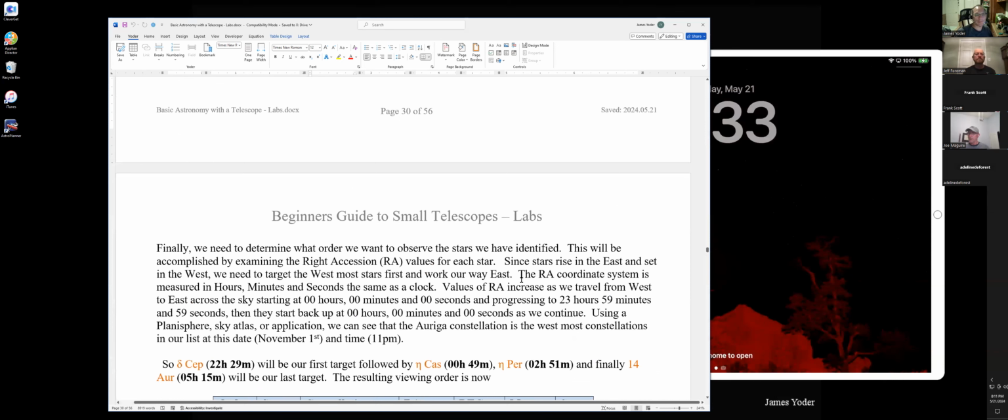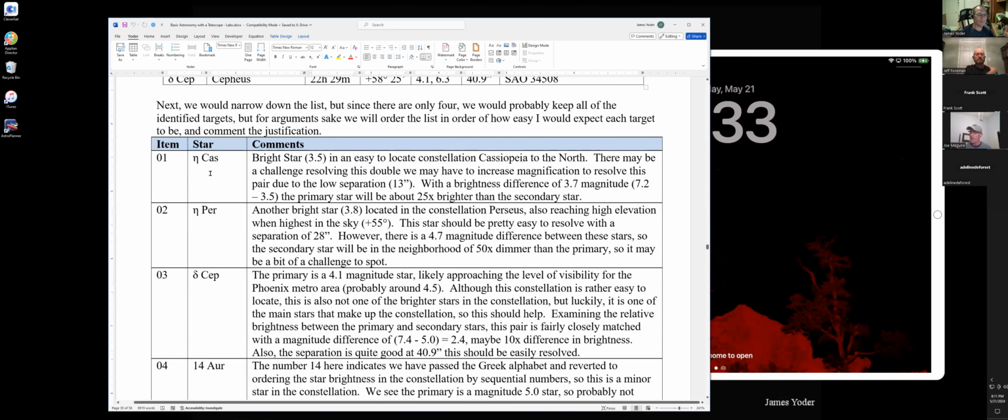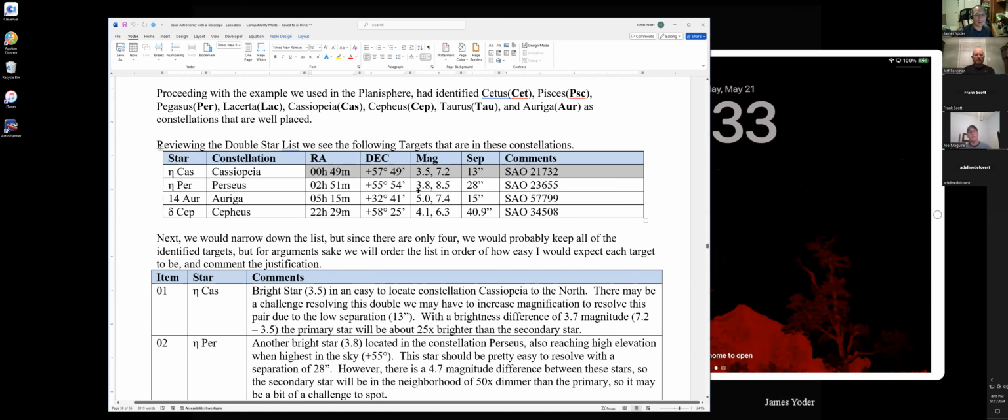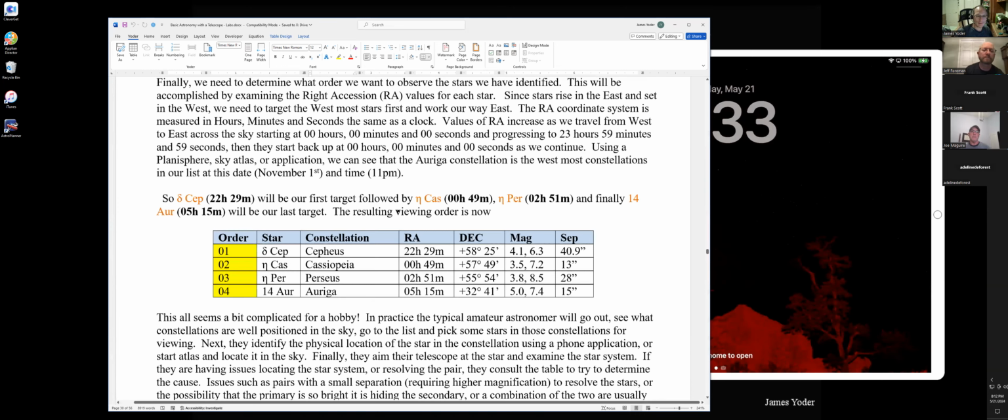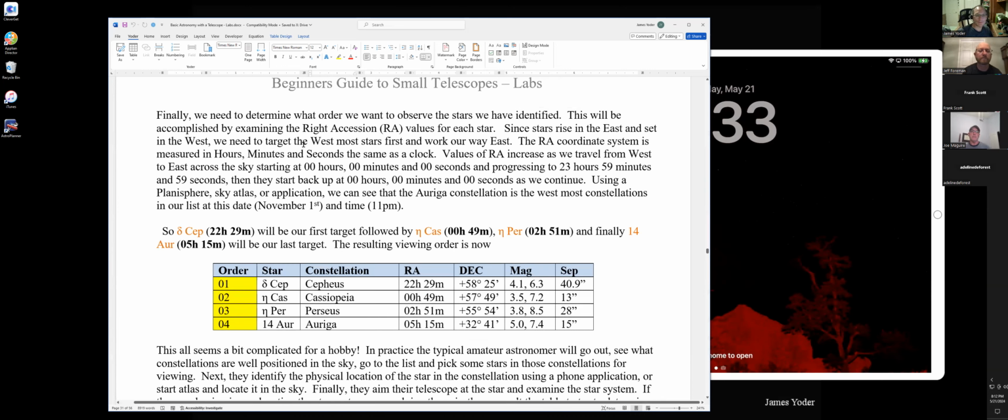Now the final process involved is ordering them. So we identified what we're interested in, these 4. Now how are we going to order the viewing order of them? We're going to take the right ascension and order it. The RA values increase as we travel from west to east across the sky, starting at 0 hours, 0 minutes, and 0 seconds, progressing to 23 hours, 59 minutes.